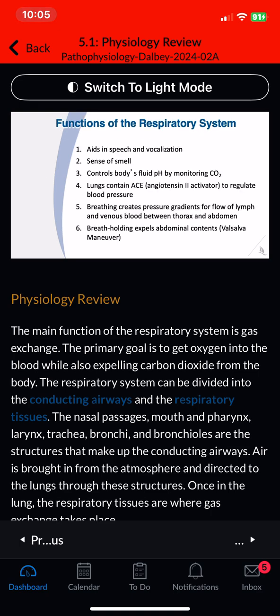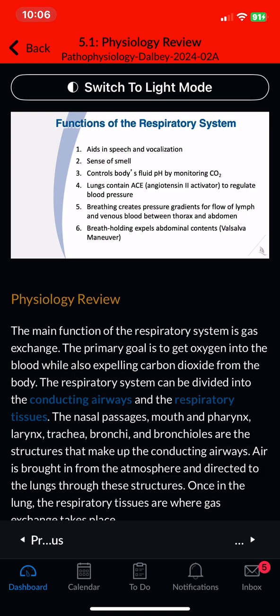There are also other functions of the respiratory system. It does aid in speech and vocalization as we push air in and out. Because it involves our nasal cavity, it helps us with our sense of smell. Like I mentioned before, tying carbon dioxide to pH, it's going to be controlling the body's fluid pH by monitoring and helping to eliminate or retain carbon dioxide.